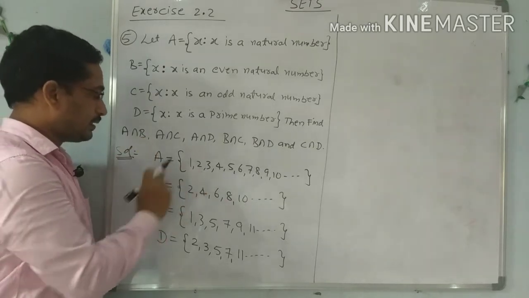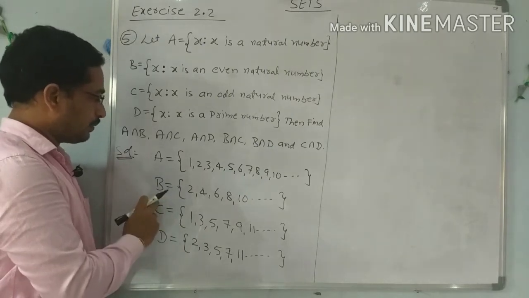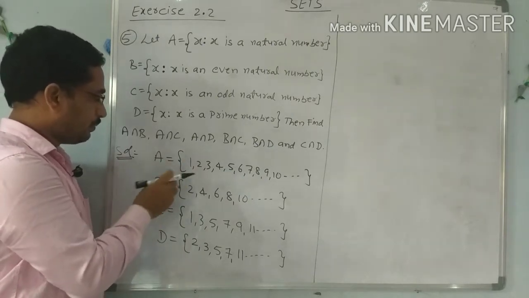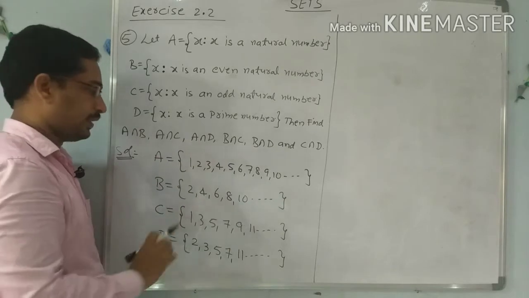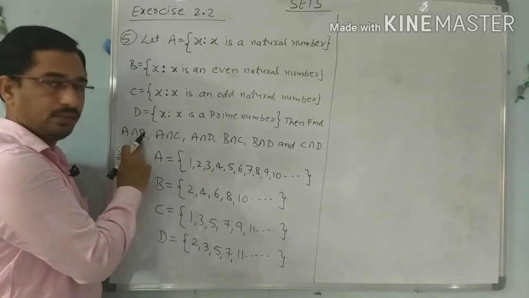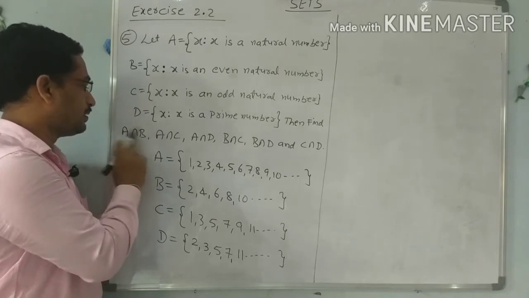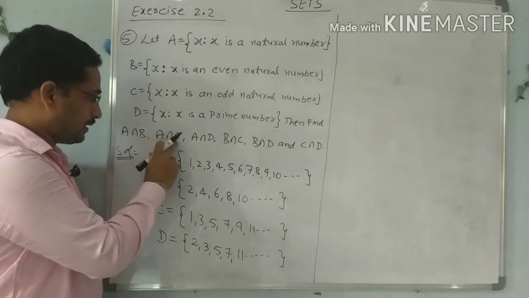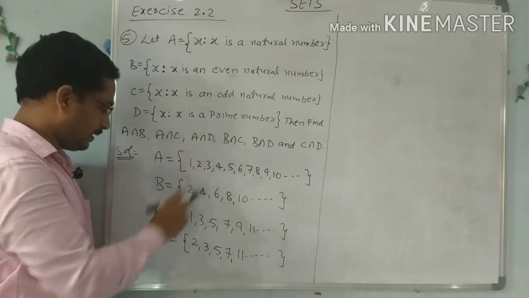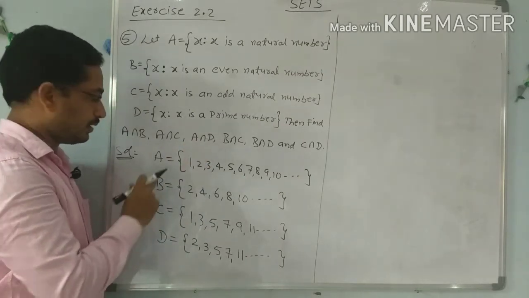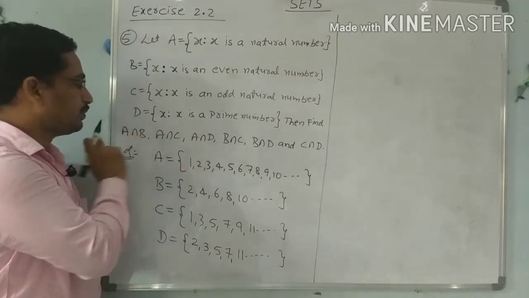A is the biggest set. B, C, D are subsets of A because we are forming B, C, D by using the elements of A. So A intersection B, intersection means the smallest set. The smallest set is B, so we get B. A intersection C is C. A intersection D is D. That is so, if you observe from the fourth problem.